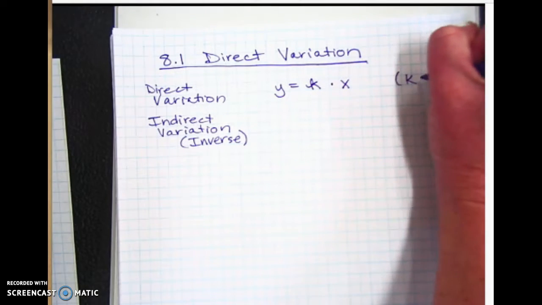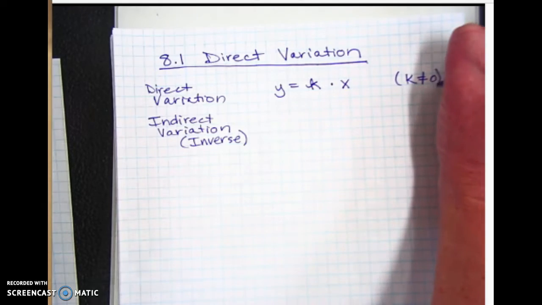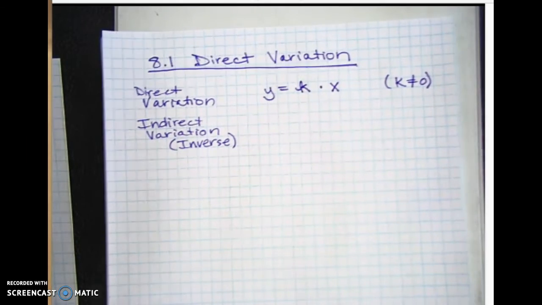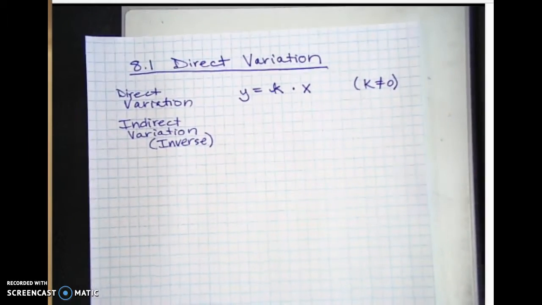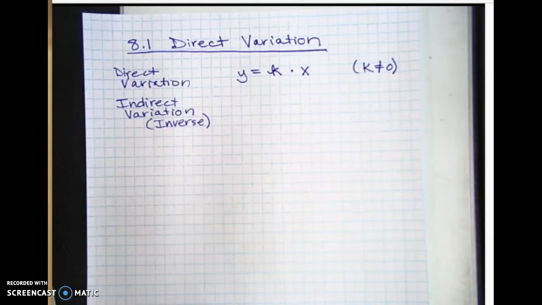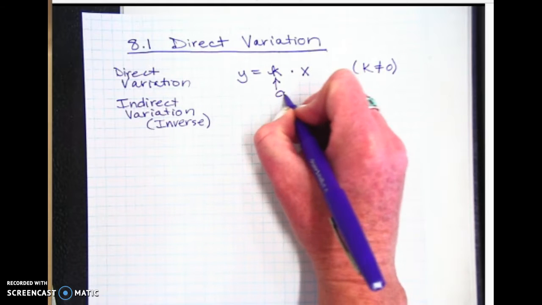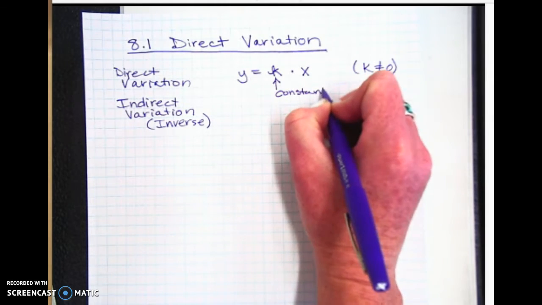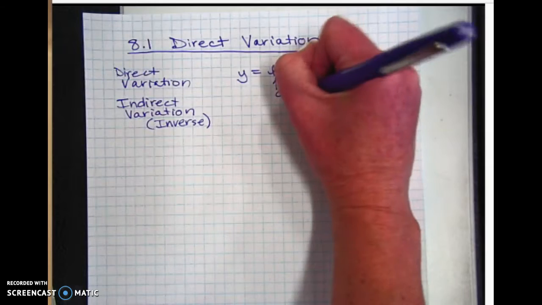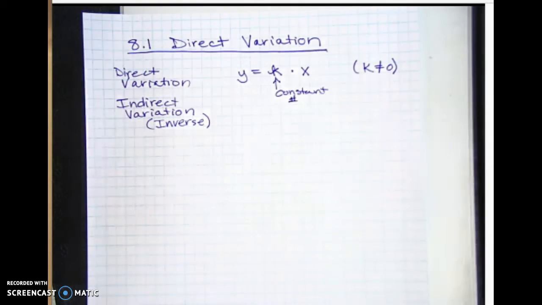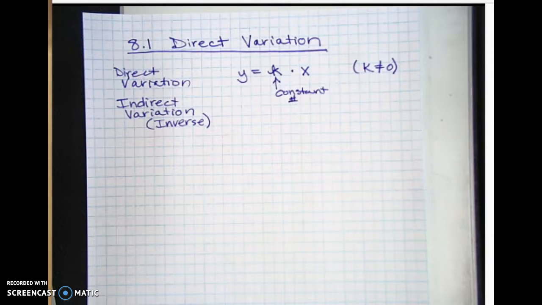And there's this weird little qualifier that says k cannot be 0. So it's going to be either a positive number or a negative number, and it's going to be plugged in right here. So you're going to have a constant there. So basically a number plugged in, like 2 or -5 or 1/3.